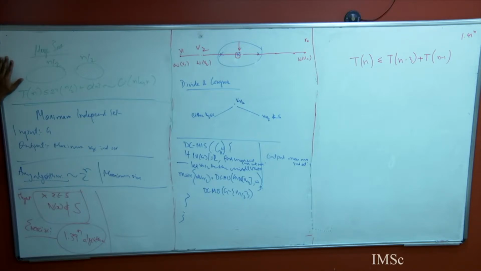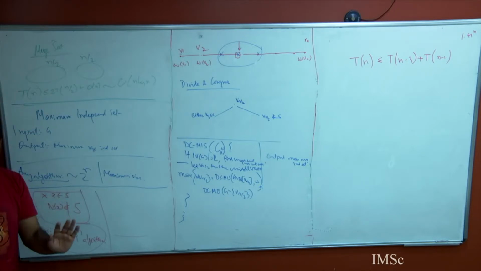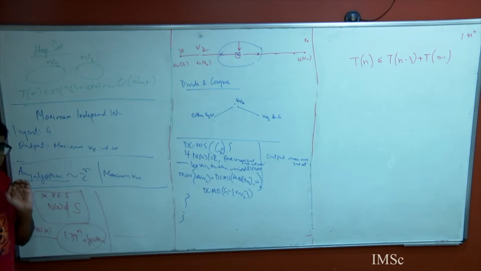All of you said to me, 2T of n by 2 plus big O of n. Why did you say 2T of n by 2 plus big O of n? But twice.